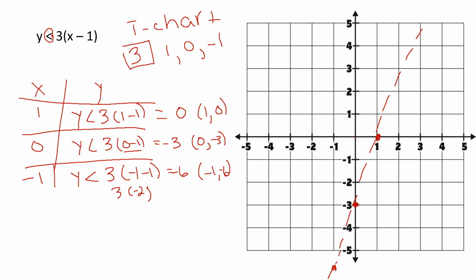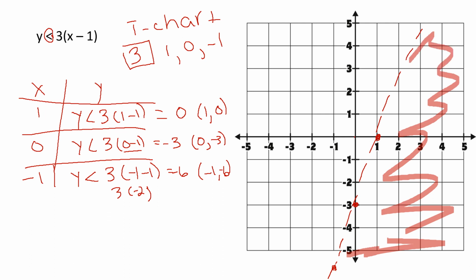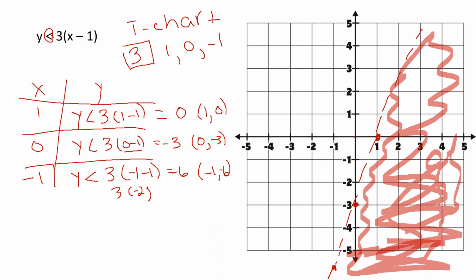And then because it is less than, I have to color in anything below the line. Oops, I shouldn't have colored over that line, but that's okay. Anything under that line. So that is my lovely picture there. And I can look at this picture and say the value I'm looking for is less than, but not equal to, the value of that line.